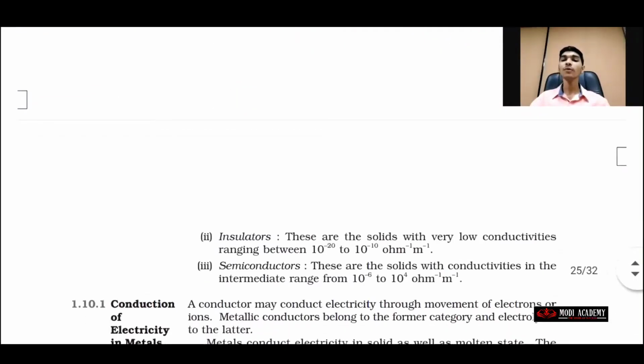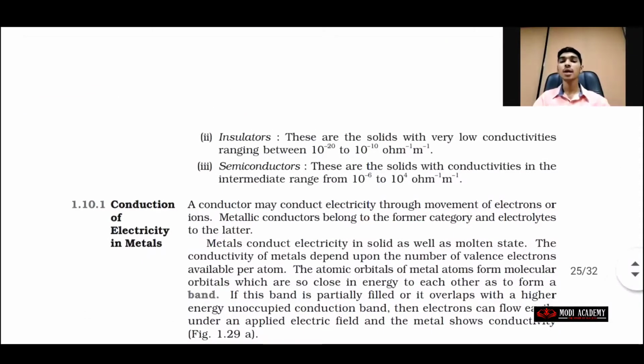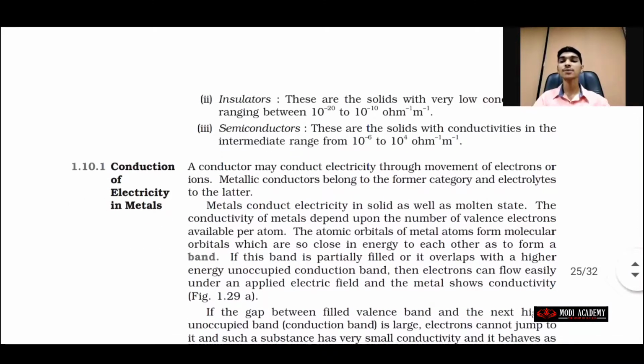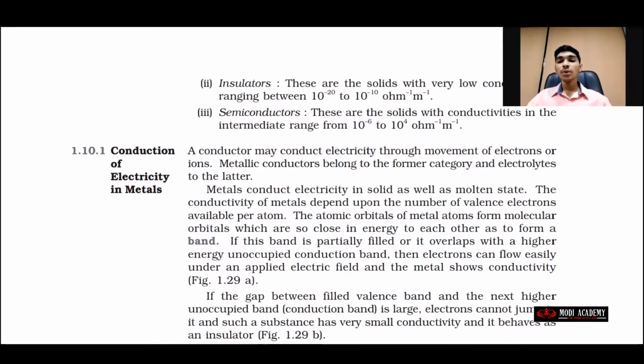Now, moving on to insulators: insulators are solids having low conductivity, ranging from 10 raised to minus 20 to 10 raised to minus 10. So if the conductivity is very low, then we can call it an insulator, and the middle part is the semiconductor.